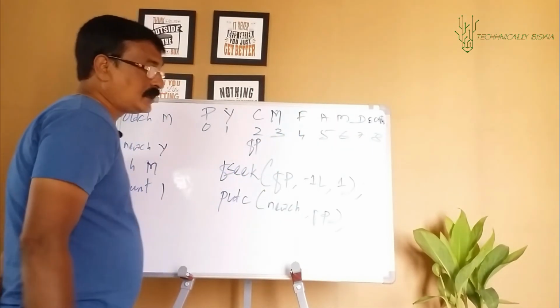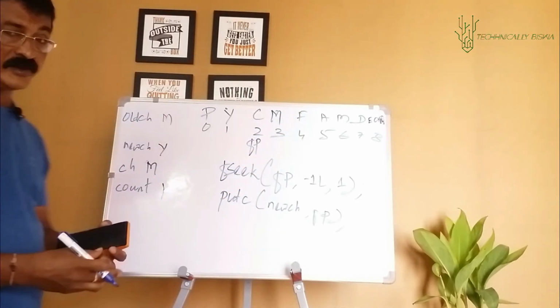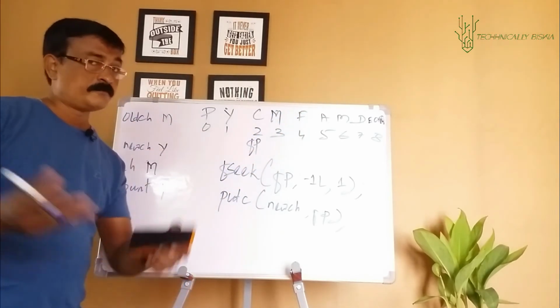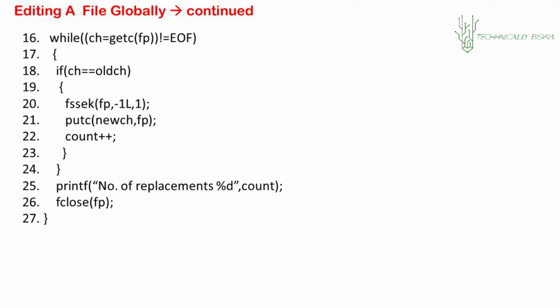So at the end of this loop 3 replacements have taken place and count has a value 3. So come out of the loop, display the value, slide again, last part. That's what I am doing. After that, I print the number of replacements, close the file and come out of the program. So I hope you got it.